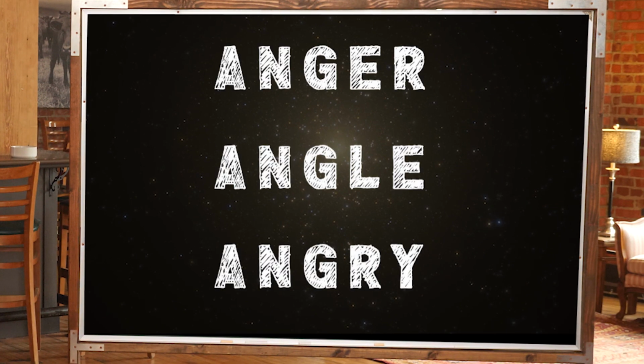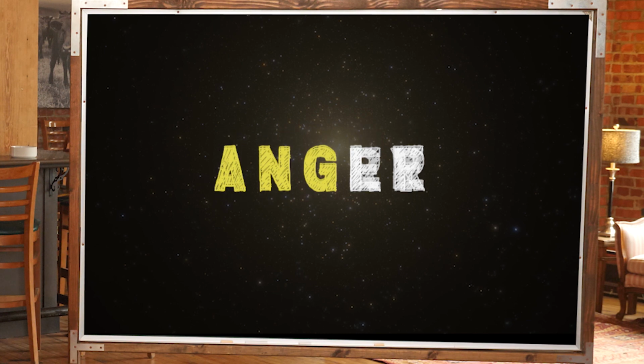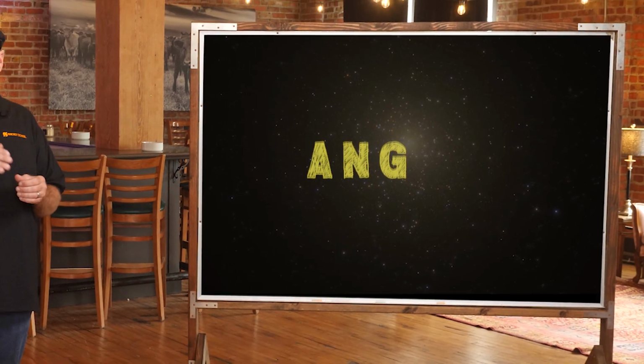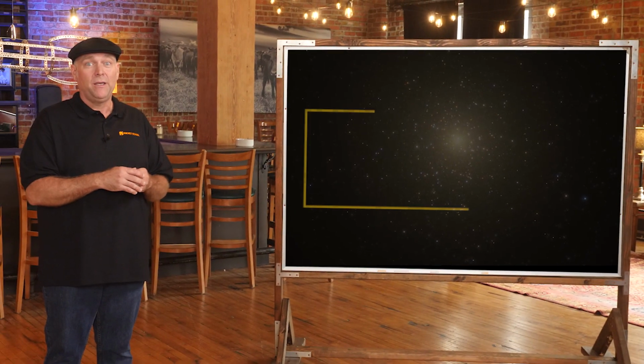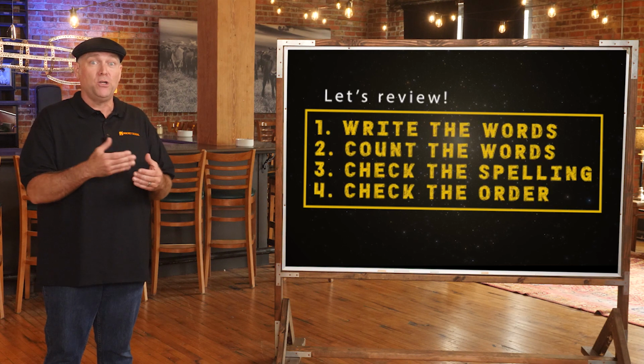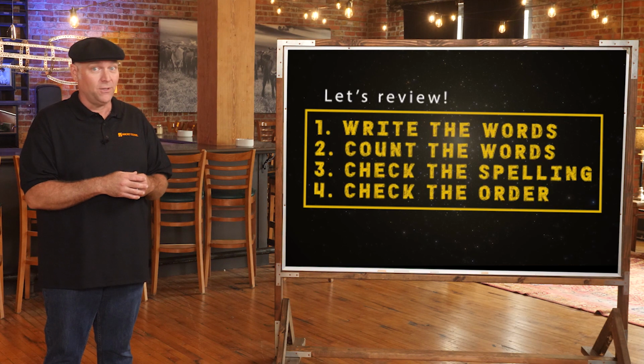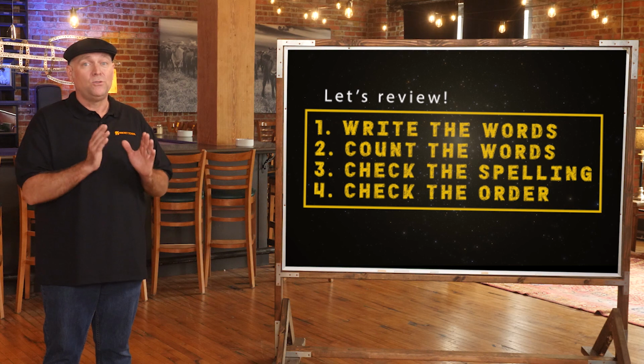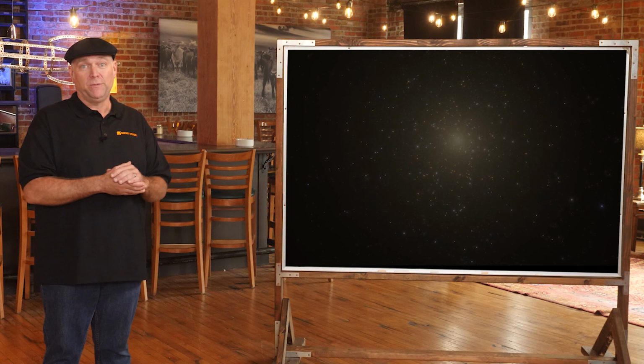For example, anger, angle, and angry are all possibilities and nearly identical in spelling. The first 3 letters are the same. So there is this small possibility you could accidentally misspell your intended word and end up accidentally putting in another word on the list in the field and never even know it. Don't let this mistake happen.